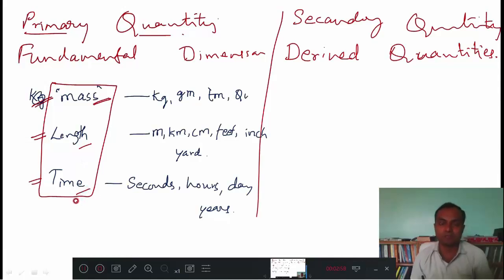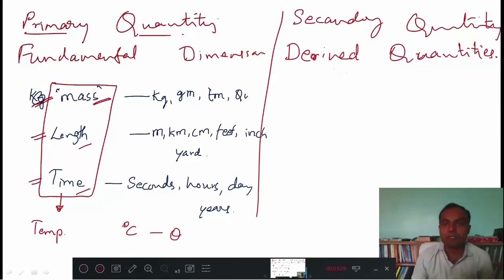You cannot escape from these three. And nowadays the international standard includes one more fundamental dimension, that is temperature. Temperature is also an independent parameter, and it is measured in terms of degree centigrade. Therefore we will consider it as theta, degree centigrade.